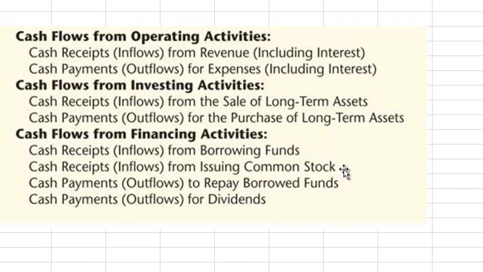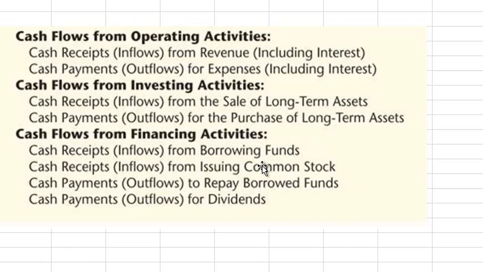So if you're a corporation, a cash inflow that qualifies as a financing activity would be money that you get from issuing common stock. Alternatively, or in addition, a cash inflow from going to the bank and borrowing money would also qualify as a cash inflow financing activity.